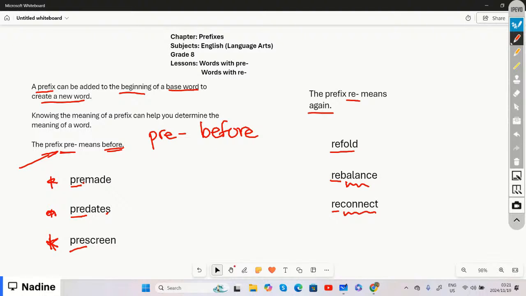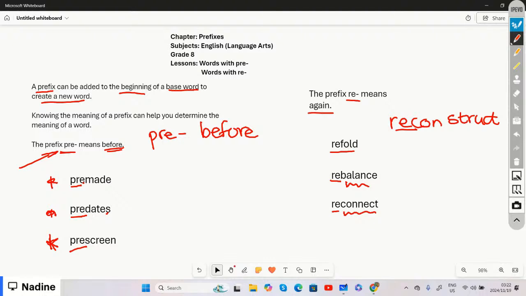And if we were to look at a few words with the prefix, let's say first with re, because I think it's a bit easier. If I reconstruct something, then what does it mean?